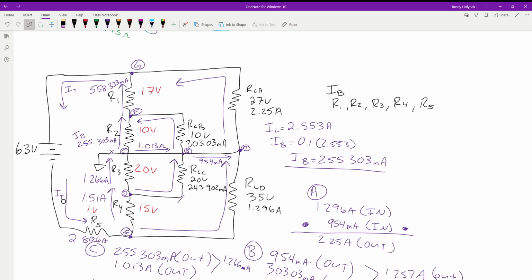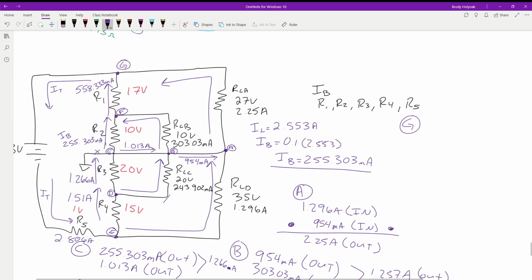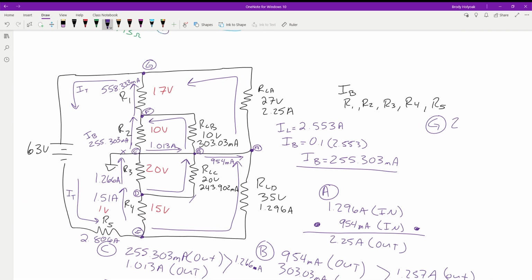So again, coming into point G, I have the current coming from load A over to it. So I have 2.25 amps coming in. I have the 558 milliamps coming in.